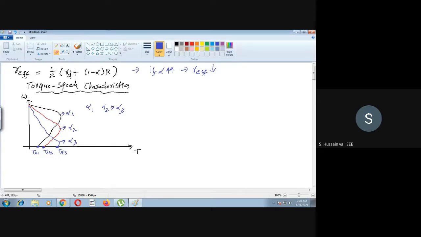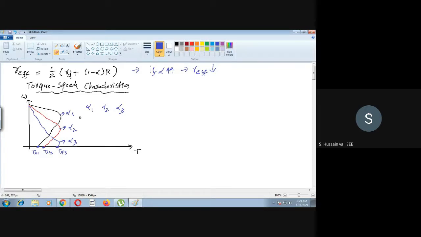Just check whether it is correct, because when you draw the graph for the speed and torque, speed is 0 here somewhere. When the speed is 0, whatever the torque is, that is the starting torque. So this has less, this has higher. Higher resistance is there for this.